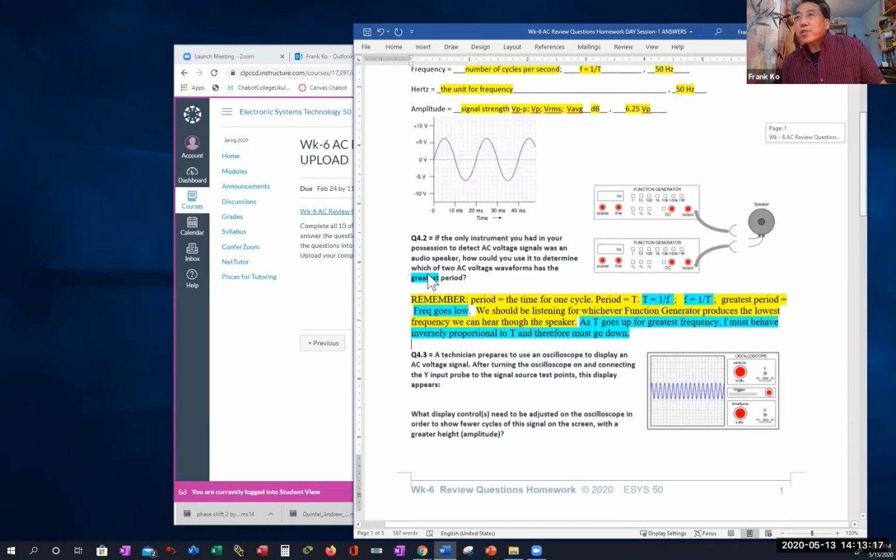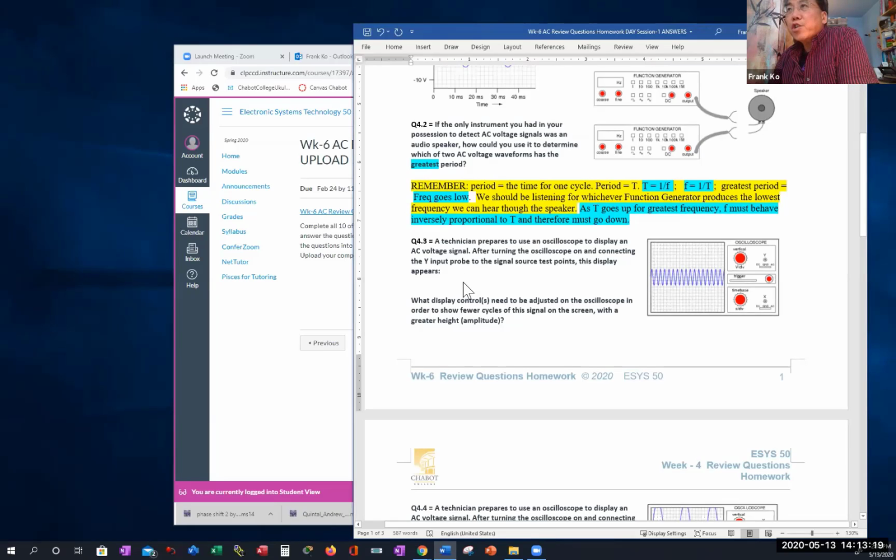Take the next question. The next question says, a technician prepares to use an oscilloscope to display an AC voltage signal. After turning the oscilloscope on and connecting the Y input probe to the signal source test points, the display appears this way.